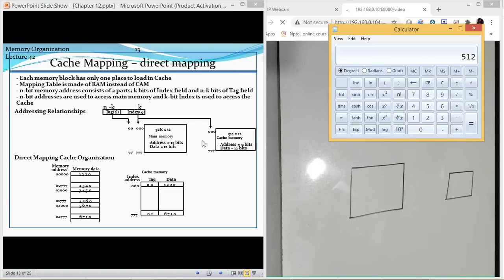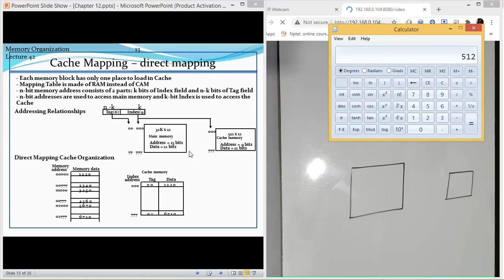Now 15 bits are converted to 5 octal digits and 9 bits are converted to 3 digits. So that is why this address is now changed from 9 zeros to 3 zeros.